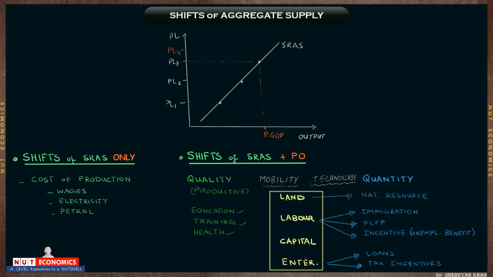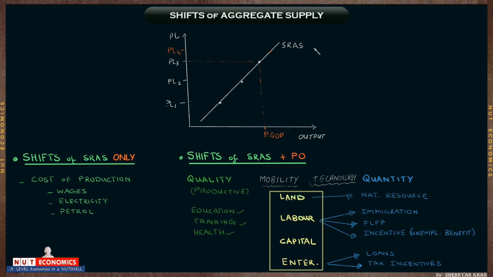Now with that, let me just summarize what you need to remember out of this particular video as far as the short-run aggregate supply curve is concerned, because I have said many things over here which are important in their own right. But overall, we just need to memorize the reasons why the short-run aggregate supply curve may shift. The most important, and most frequent, reason is changes in cost of production.